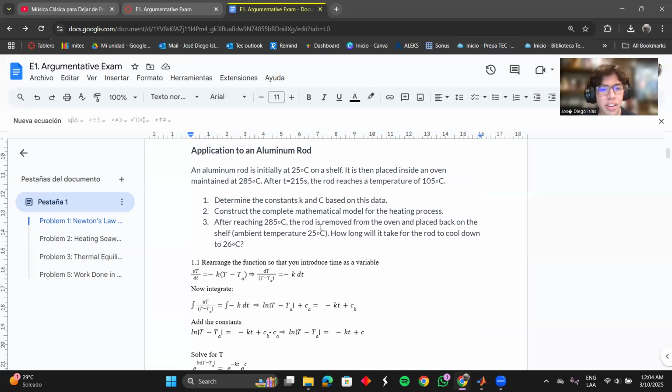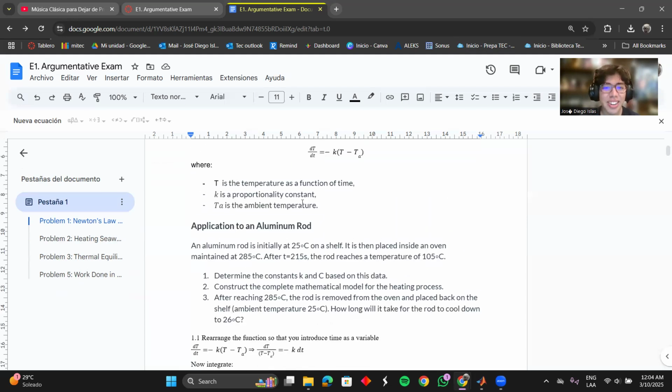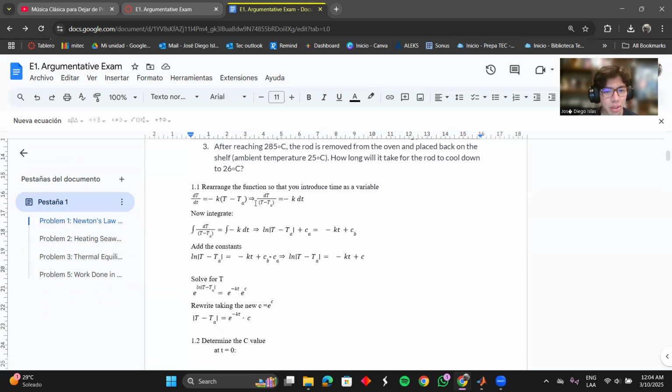Well, they give us a situation for aluminum, but the first step is to derive the formula. So what we have to do is rearrange it so that we get time on the other side, to make the function.